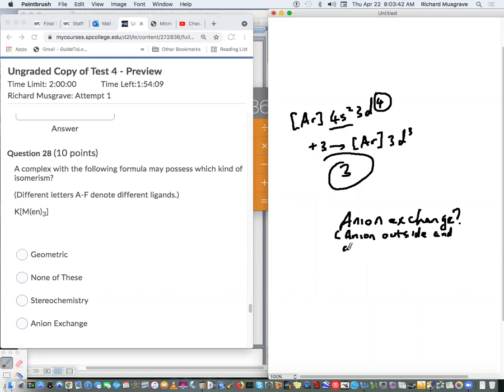We'll say different. Anion as ligand. So that would be possible, and if it is, then that's what you should do. So yes, then do anion exchange as a possibility.